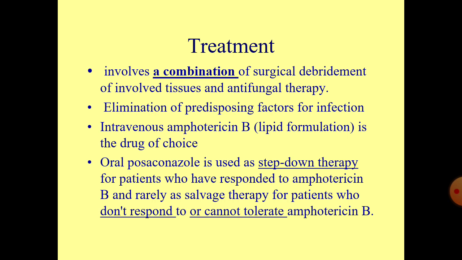So the best drug acting on mucor is intravenous amphotericin B, or oral posaconazole can be used in these patients.